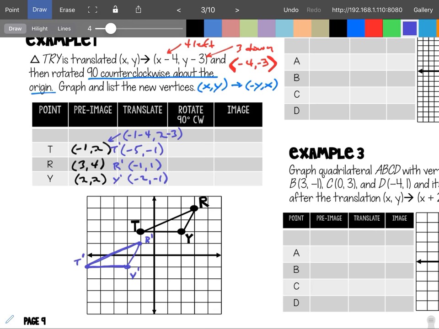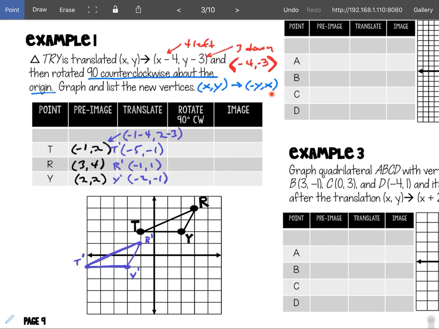All right, well now we got to take that result right there, and now we got to do the 90-degree rotation using this rule up here. So we're going to switch the x and the y and take the negative of the y on this one.